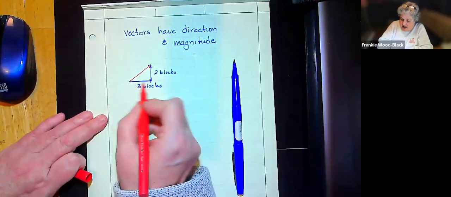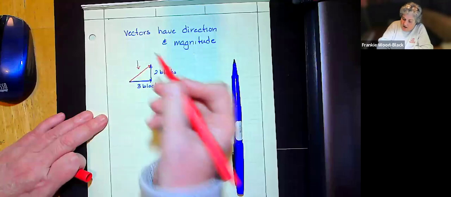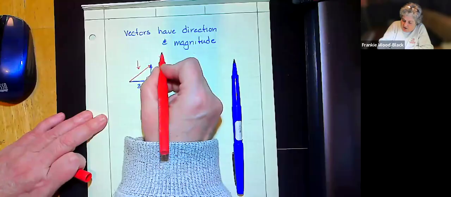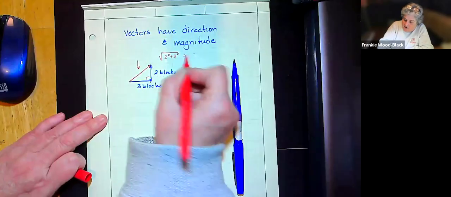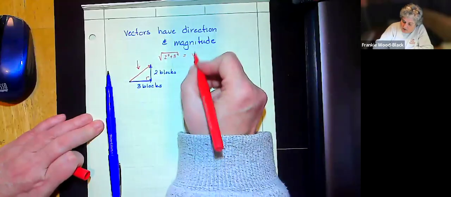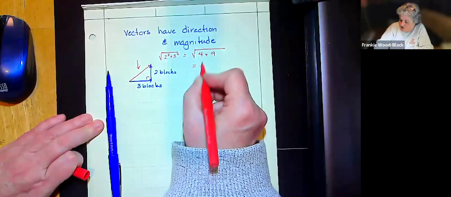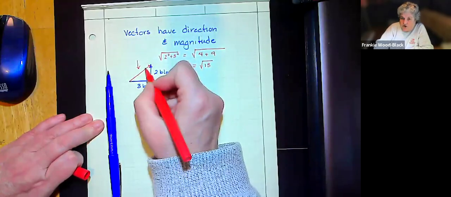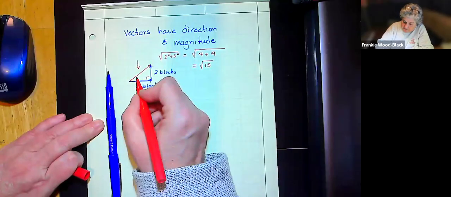We've added this vector plus that vector to get this vector. And we know that this is going to be the square root of 2 squared plus 3 squared, which gives me the square root of 4 plus 9, which is going to give me the square root of 13. So the magnitude of this one would be the square root of 13.